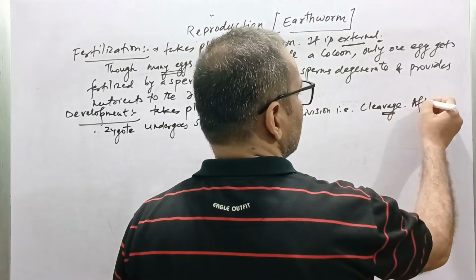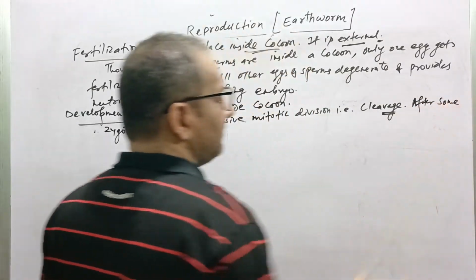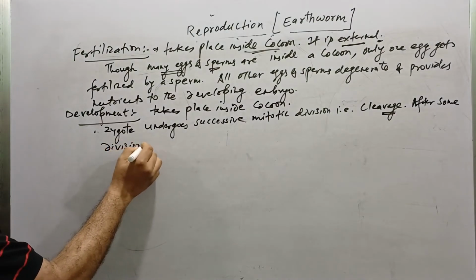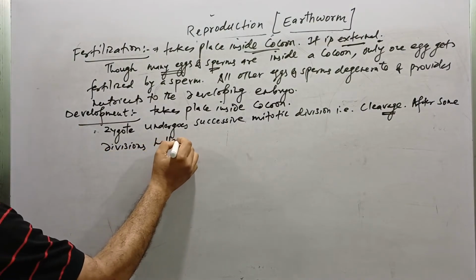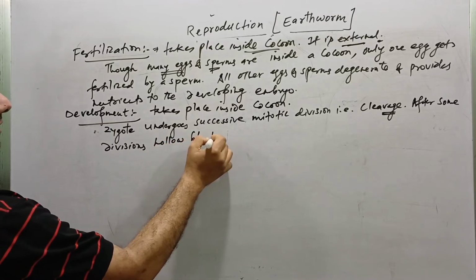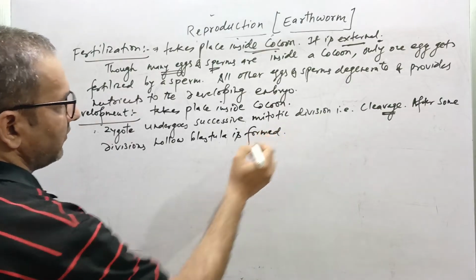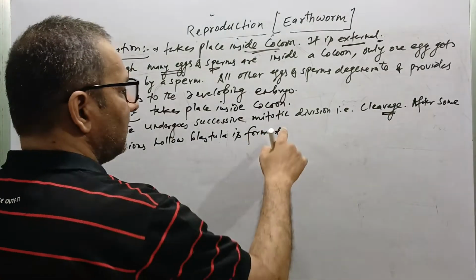After some divisions, a hollow blastula is formed, which is a single layered embryo.